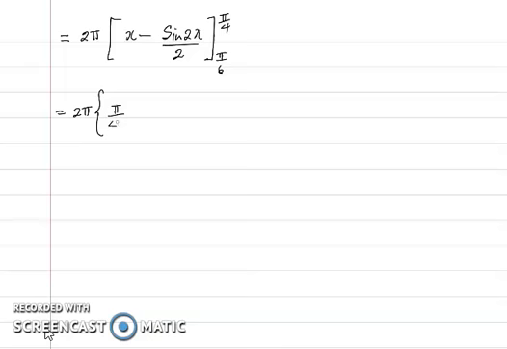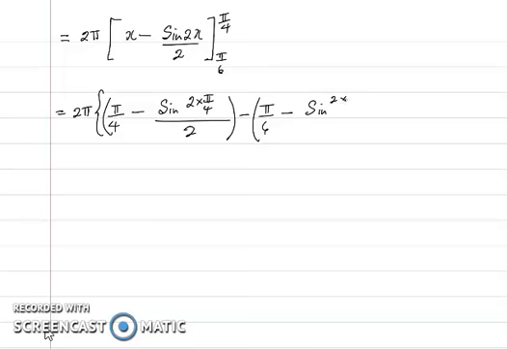So it's pi by 4 minus the sine of 2 times pi by 4 all over 2, minus, then we're going to replace x with pi by 6. So it's pi by 6 minus sine of 2 times pi by 6, and this is over 2.